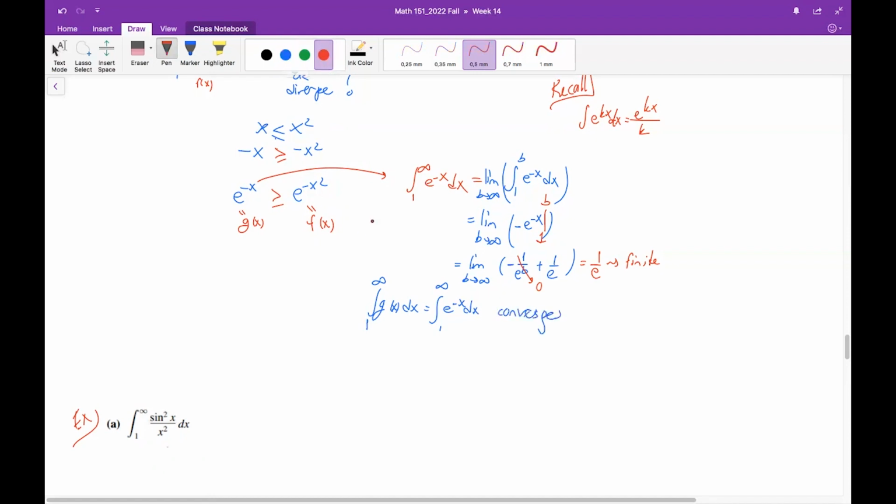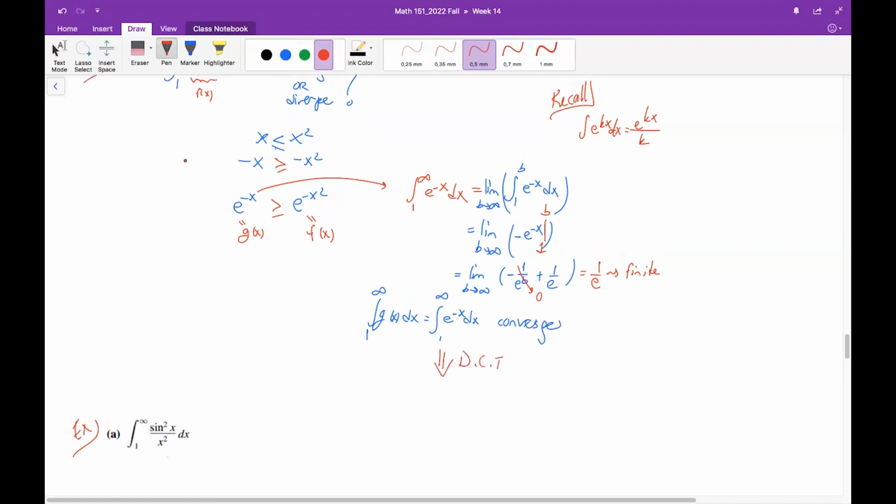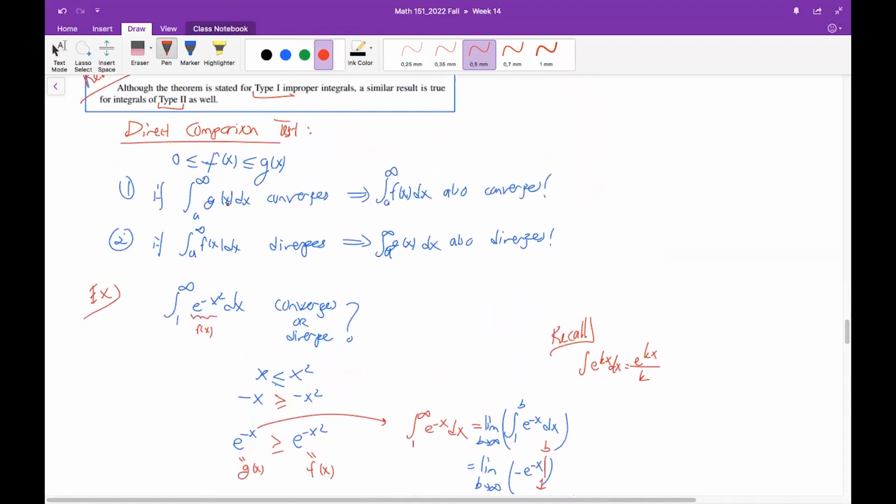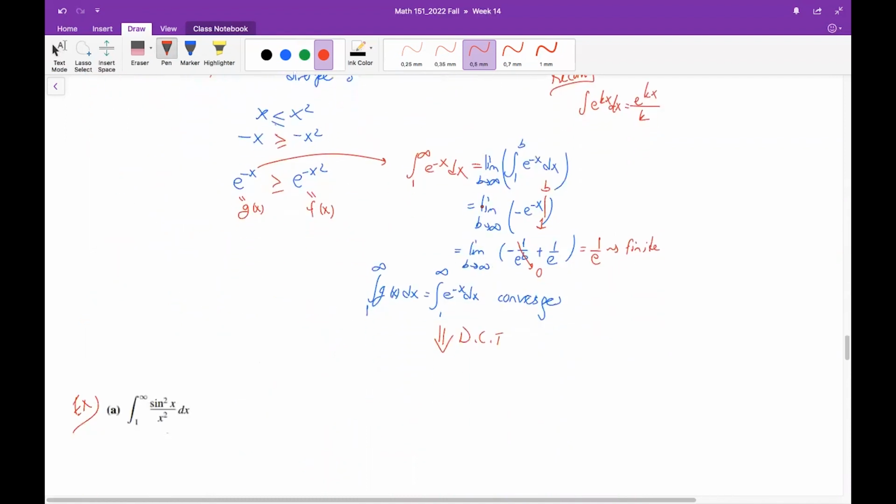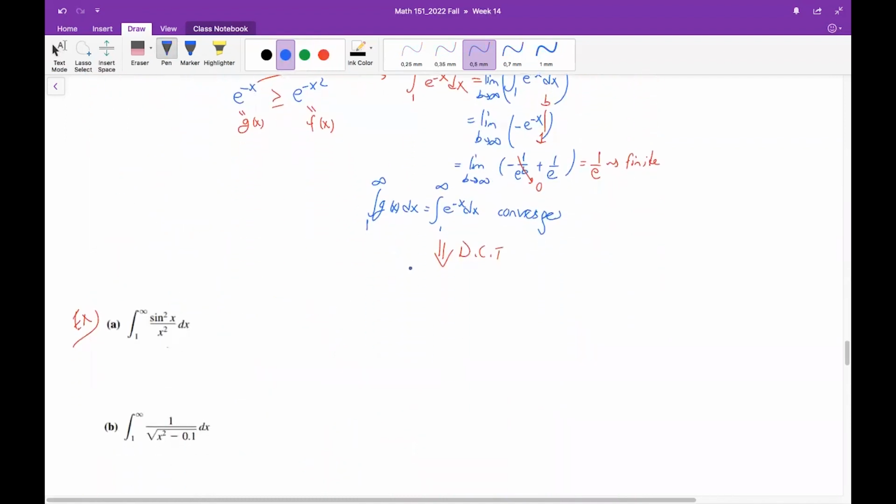Okay, now it is time to use the direct comparison test. So if the integral with the bigger terms converges, then the integral with the smaller terms will automatically converge, will automatically be finite, right?